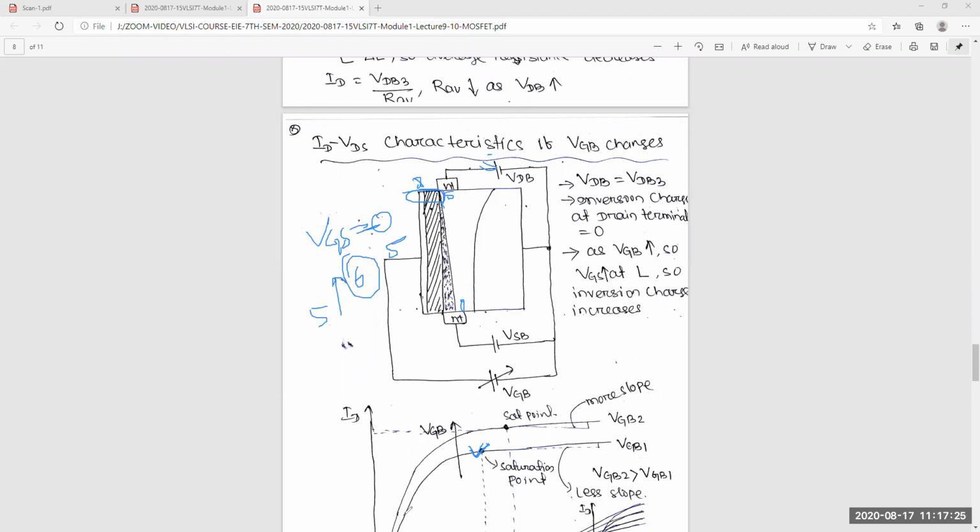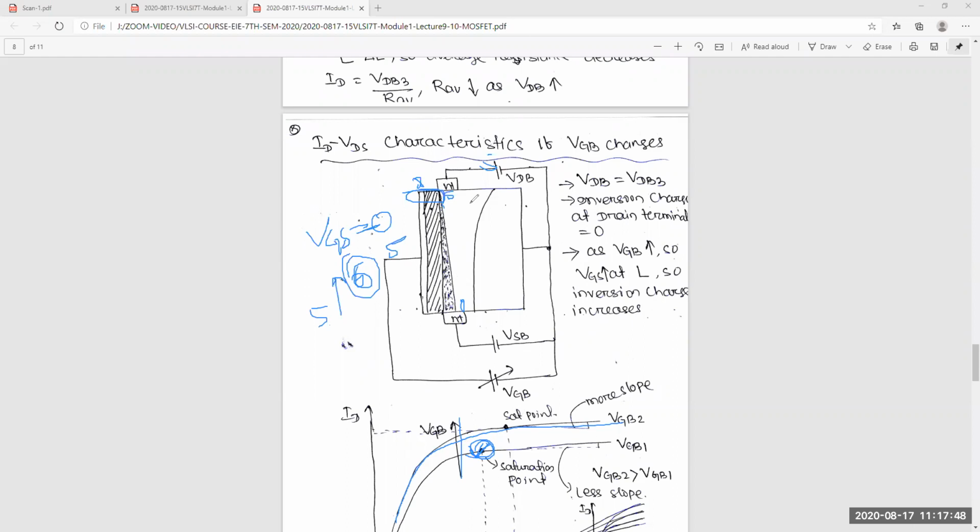So now the current is increased. If you increase VGB, then the current will increase. Now come to that threshold point. If you increase from 5 voltage to 6 voltage, these charges will now not be 0.